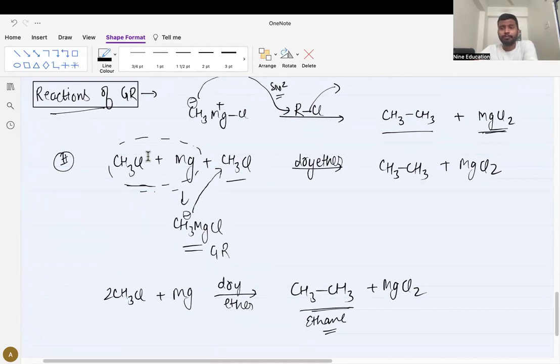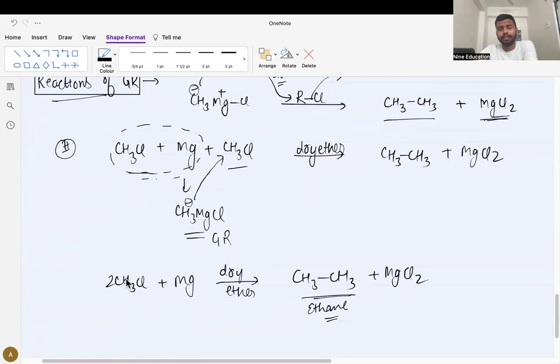CC bond will be made. So this C and chlorine bond is broken and CC bond is made, है ना?